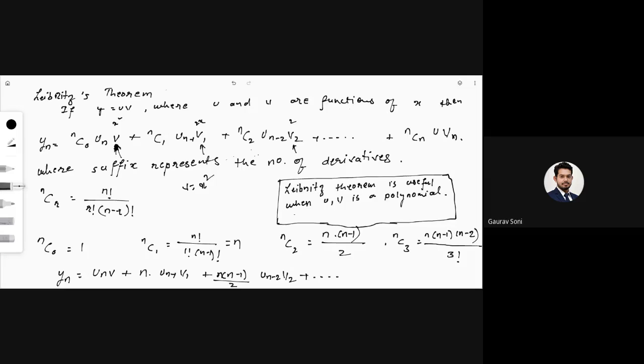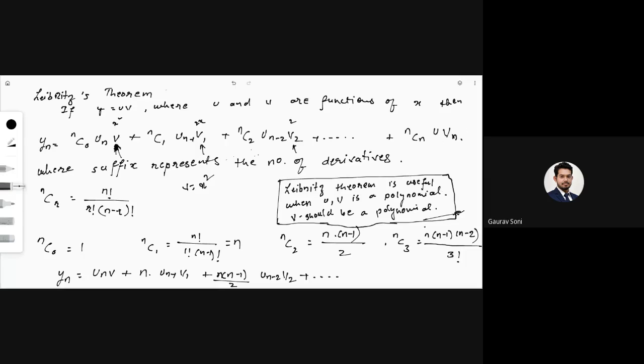So polynomials should always be v, because after 2 to 3 or 4 terms everything else will become 0. So v should be chosen as the polynomial.